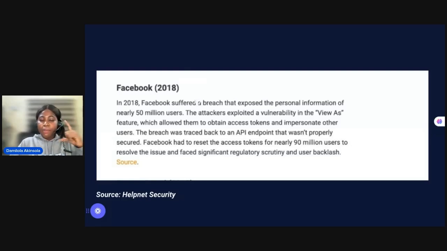I'm not sure if you remember the View As feature of Facebook, but it allowed them to obtain access tokens and impersonate other users. This breach was traced back to an API endpoint that was off the radar, so it wasn't properly secured. This led to a lot of regulatory scrutiny and, of course, user backlash.